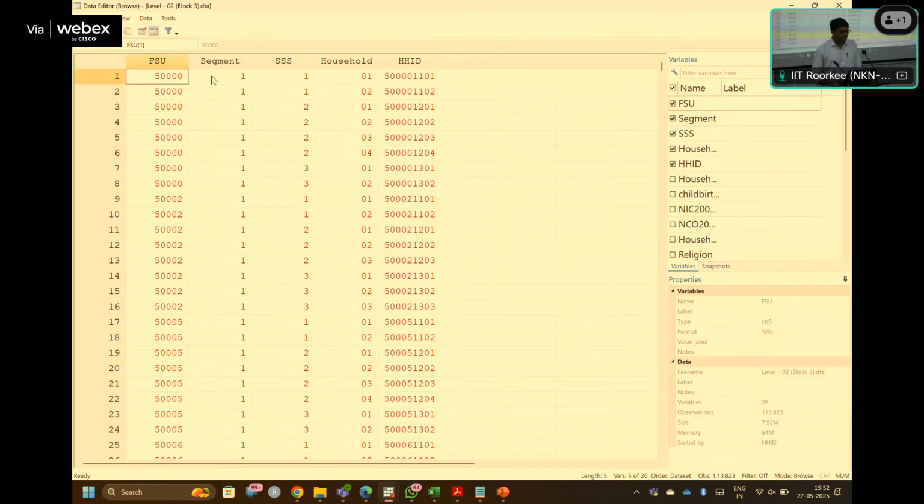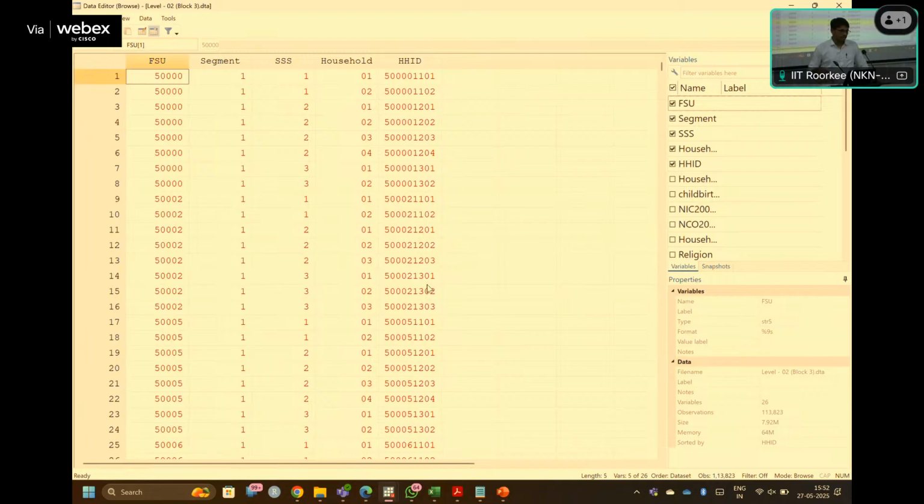You can see this first is 50,000, then 1101, 1101. We created this combined variable, kept together, because they are string variables.